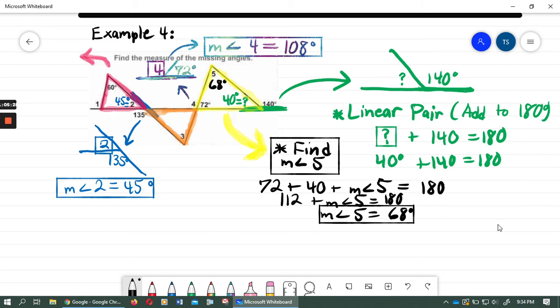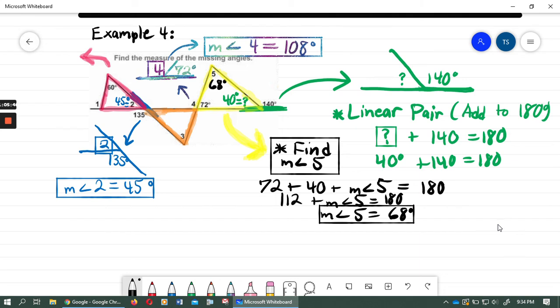In this pink triangle, we know two of the interior angle measurements. Using the triangle angle sum theorem, all three of those interior angles add to 180 degrees.